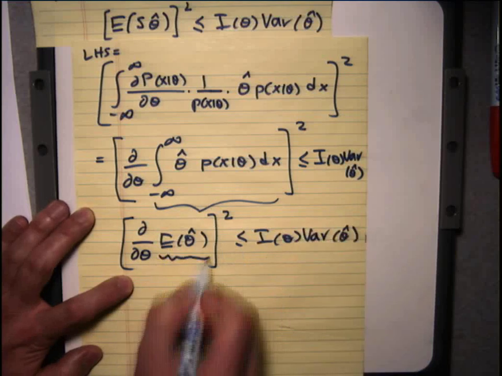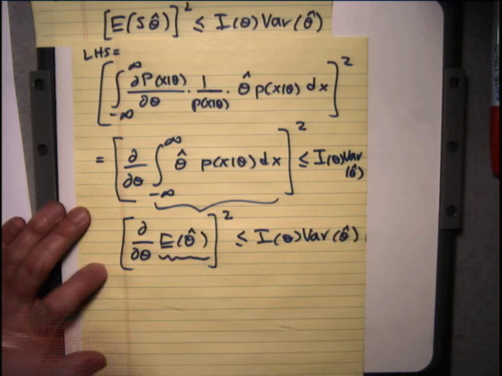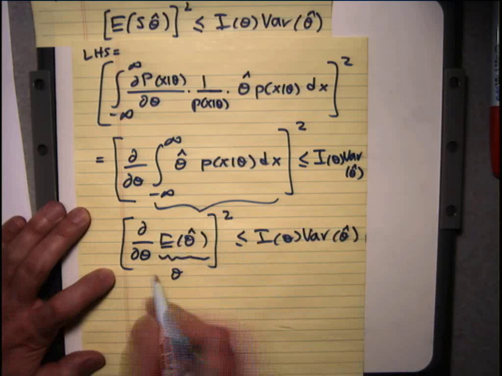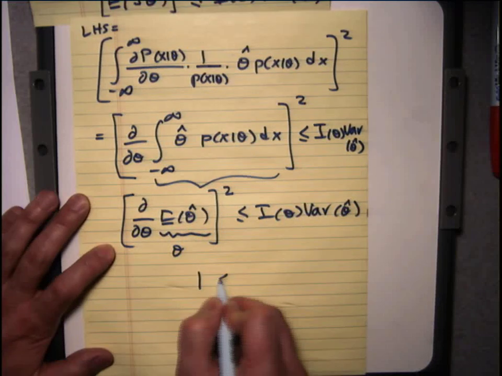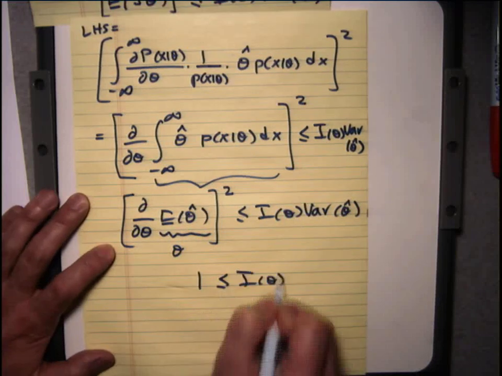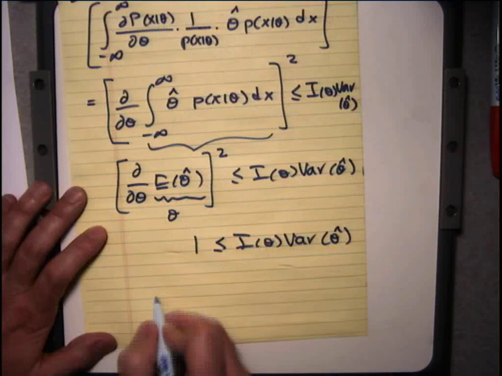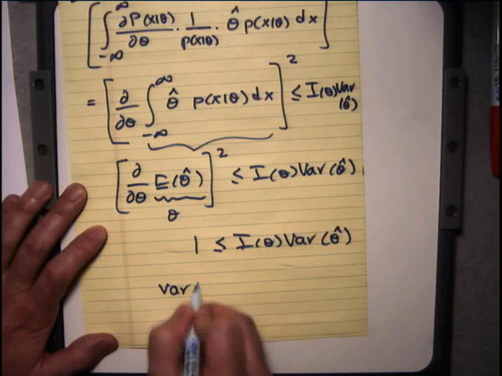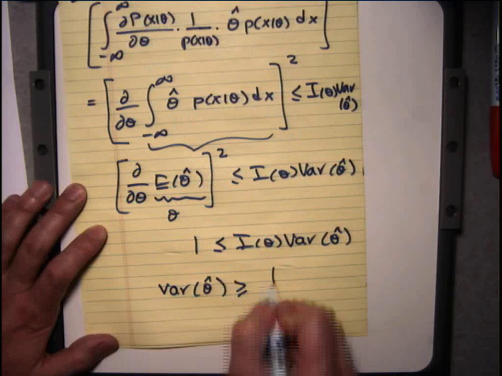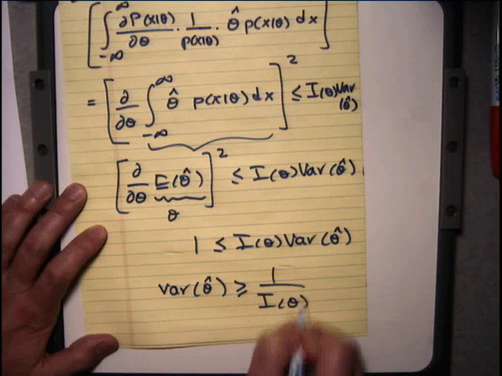We said this was unbiased, right? So this is theta. So d by d theta is 1. So this becomes 1 less than or equal to I of theta times the variance of theta hat. And so therefore, the variance of theta hat is at least 1 over the Fisher information.